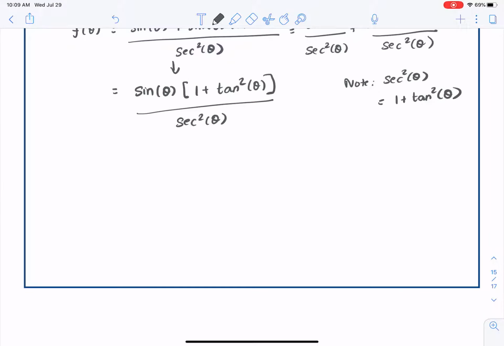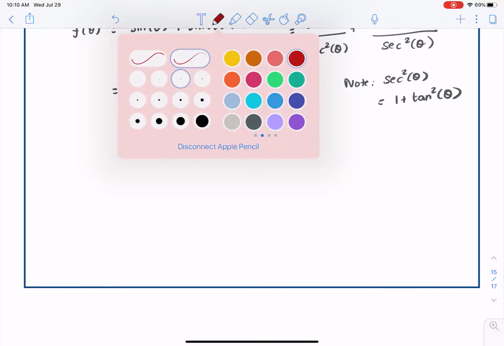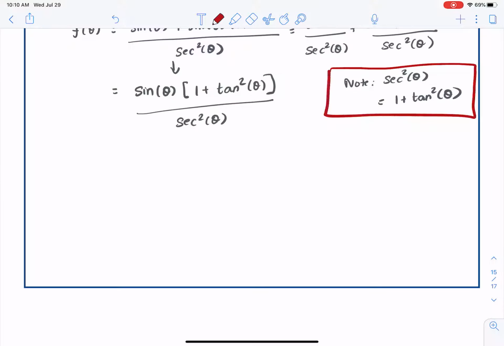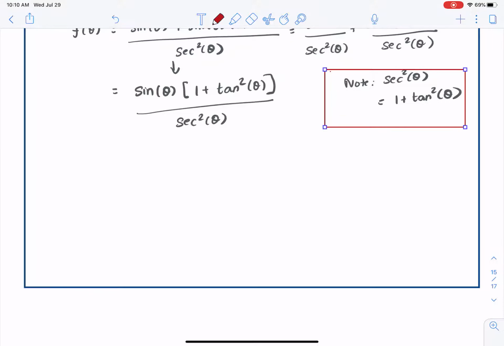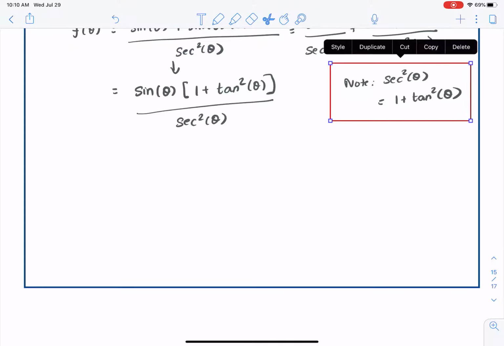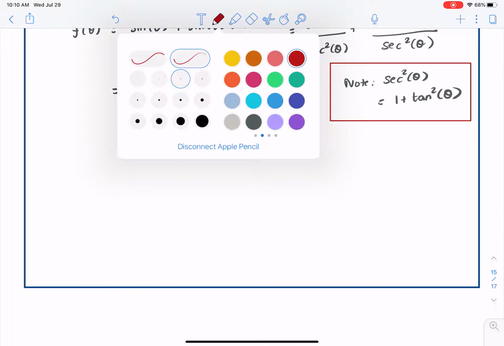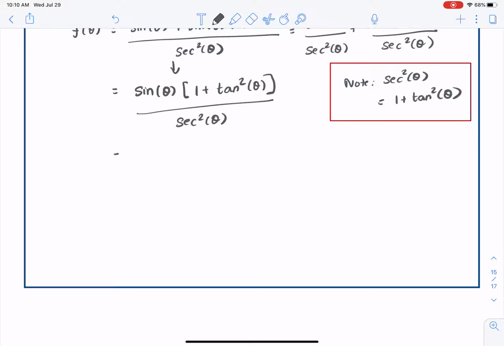And we can make use of that trigonometric identity and write it as sine theta secant squared theta divided by secant squared theta. Those two would go away and we would simply have sine theta.